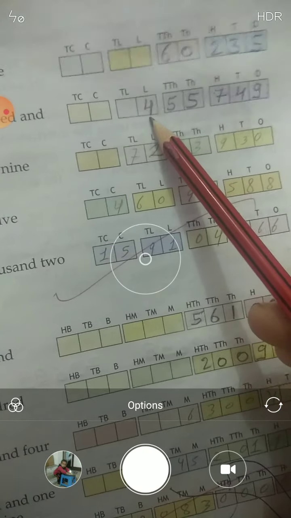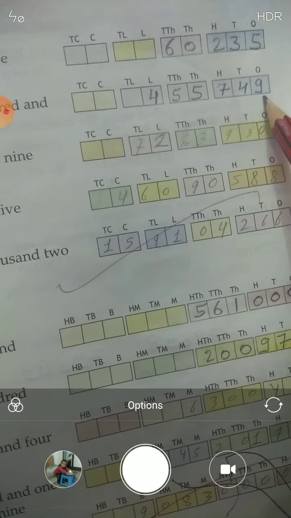B part: 4,55,749. Like this you have to fill these blocks.